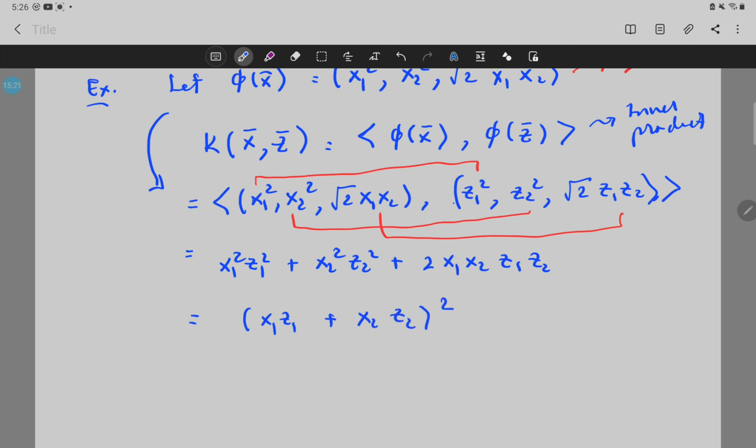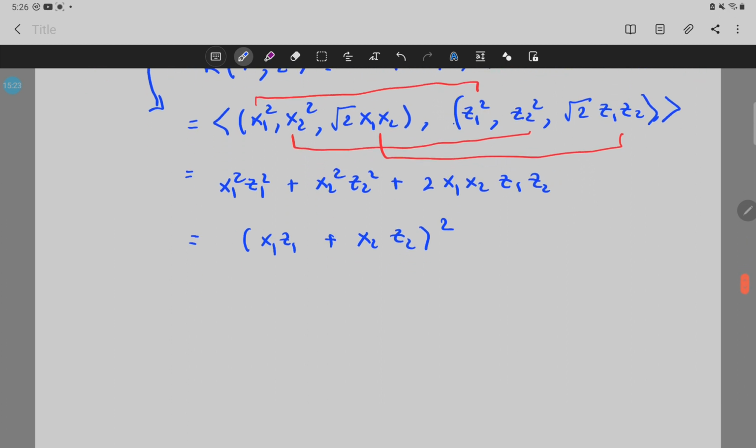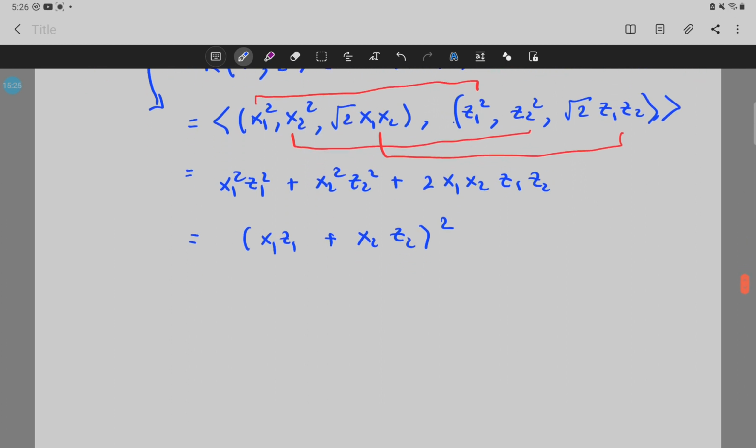You can expand it if you don't see it the first time. And so you can write this as the inner product of (x1, x2) and (z1, z2), and the whole thing is squared.